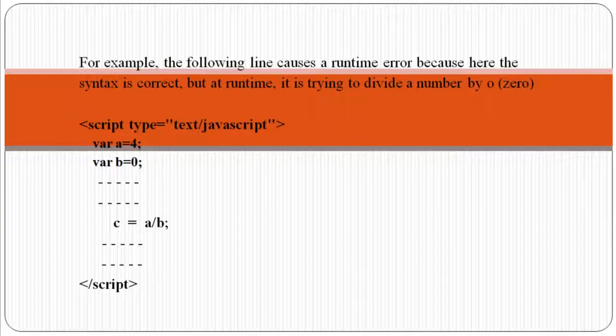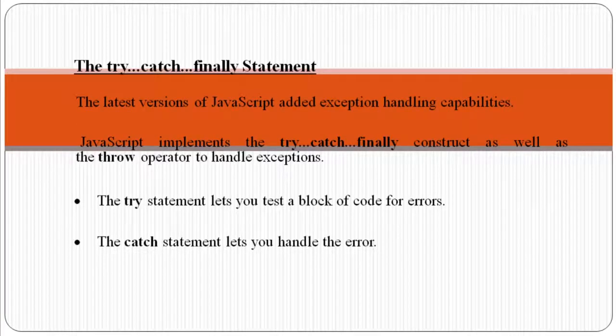For letting the program run successfully, we use the exception handling mechanism. What is there in an exception handling mechanism? It has try block, catch block, and finally statements. Why do we use these try and catch blocks?